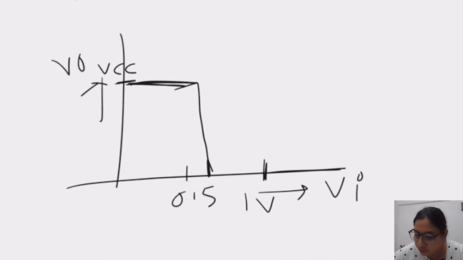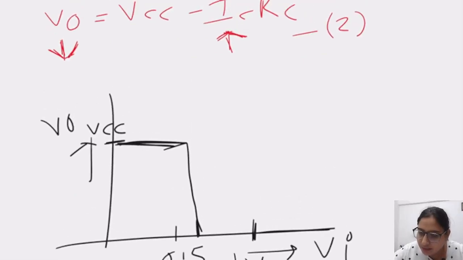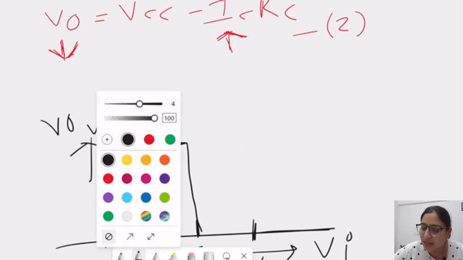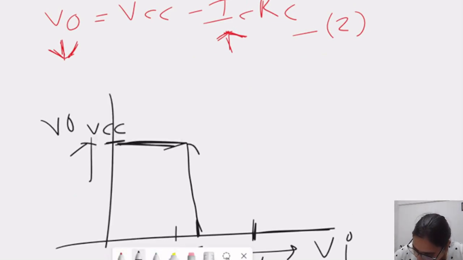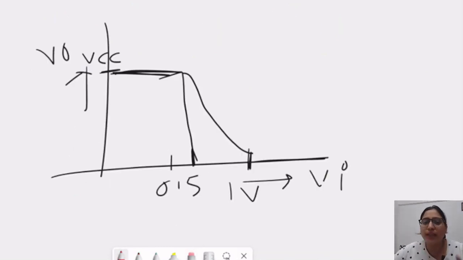Here we can see from this equation that if IC is increasing, V out is decreasing. So V out is linearly decreasing when IC is increasing. The decrement is like that, till 1 volt. So these are the two parameters we discussed, that in the first case Vi is below 0.7.